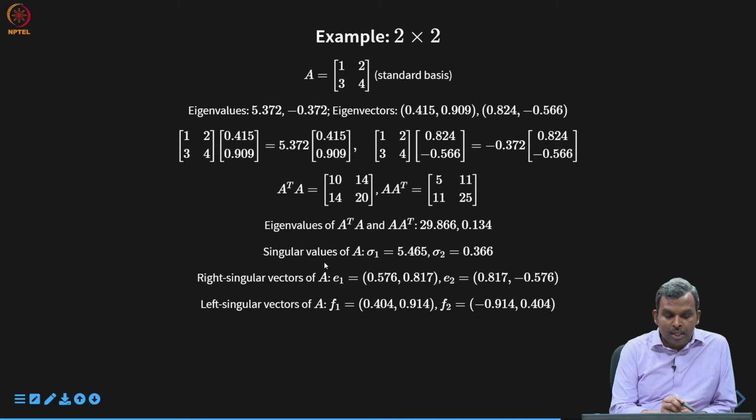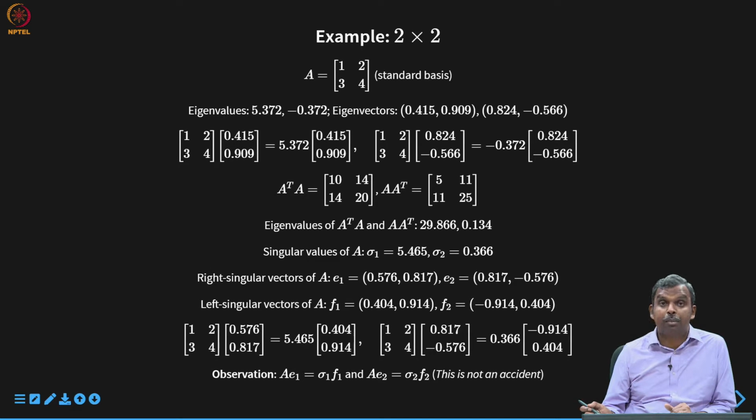So, when the matrix operates on the eigenvector, you expect something very simple in terms of the eigenvalue and itself, right. So, what happens when the same matrix A operates on the right singular vector, right. So, let us pick the right singular vectors and say the matrix A operates on them. Look at what happens, some magic will happen here.